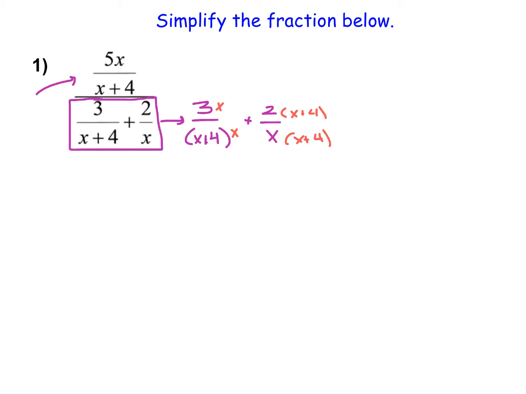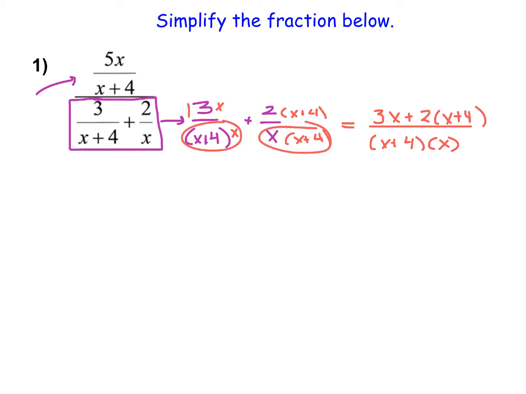And in doing so, I'm going to have a common denominator of x plus 4 times x, so both of those items will be in the denominator. And then we will also have in our numerator 3 times x plus 2 times x plus 4. So because they now have common denominators, I can add the two numerators together.